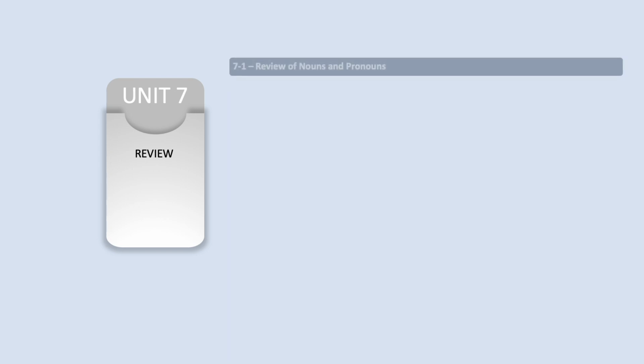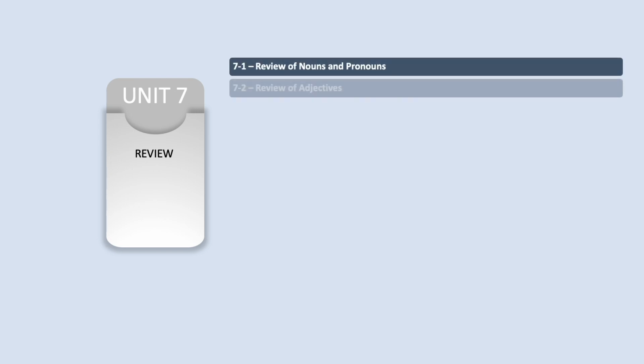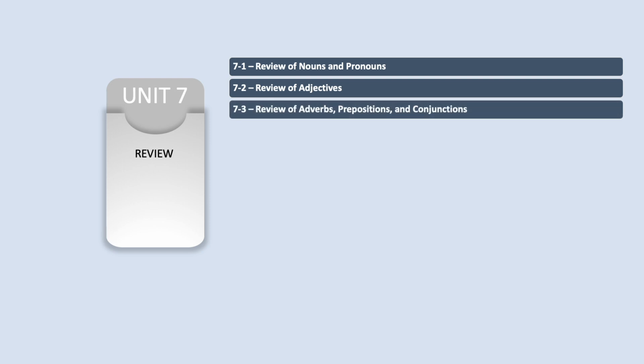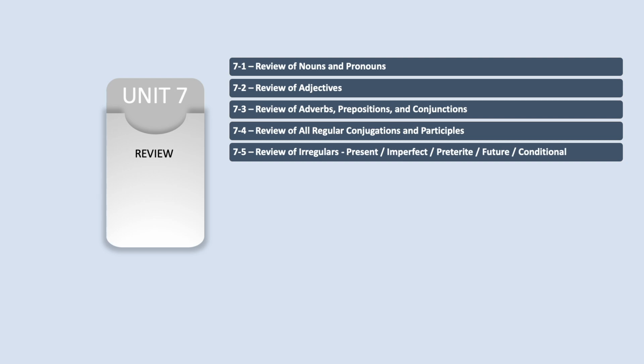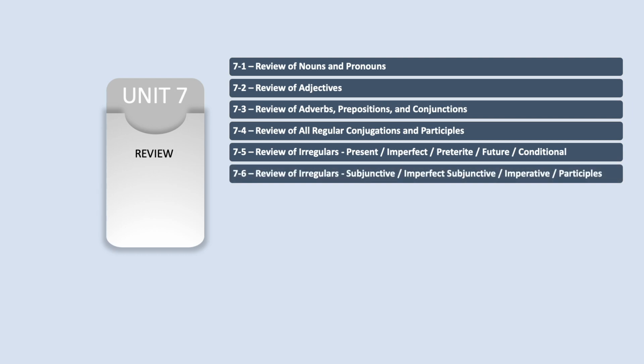The final unit, Unit 7, is a review unit and will contain the longest lessons of this series. We start off with the review of nouns and pronouns, review of adjectives, reviewing adverbs, prepositions, and conjunctions, a review of all regular conjugations and participles. Part 1 of the irregular review, containing the present, imperfect, preterite, future, and conditional, and Part 2 of the irregular review, containing the subjunctive, imperfect subjunctive, imperative mood and commands, and participles.